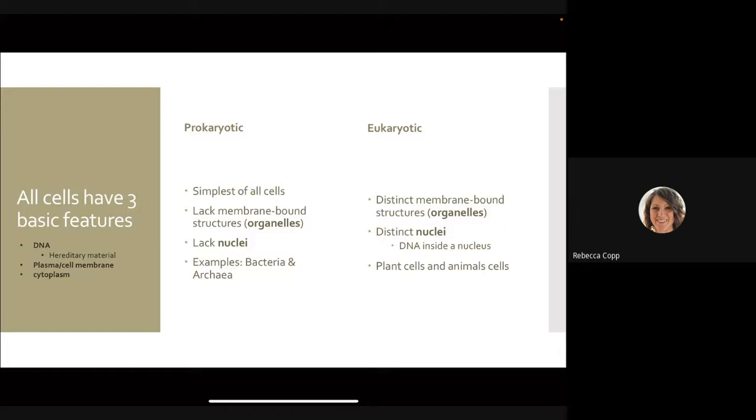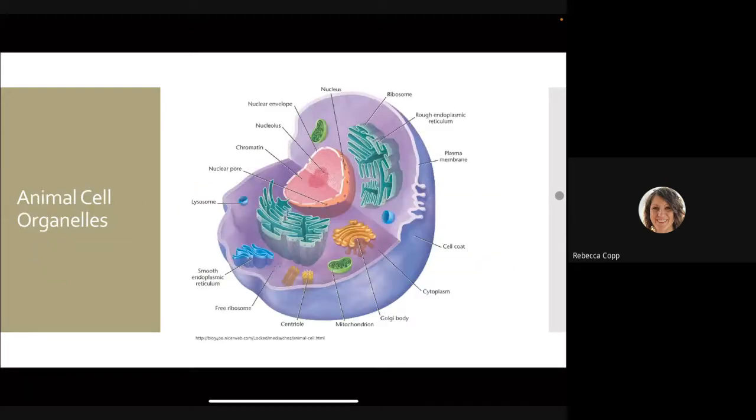And then the eukaryotes have distinct membrane-bound organelles, distinct nuclei, which houses the DNA. And these are going to be plant cells and animal cells. So again, we know the difference between unicellular, multicellular, prokaryotic, and eukaryotic, and know the three basic features of all cells. If I run through this too fast, just let me know.